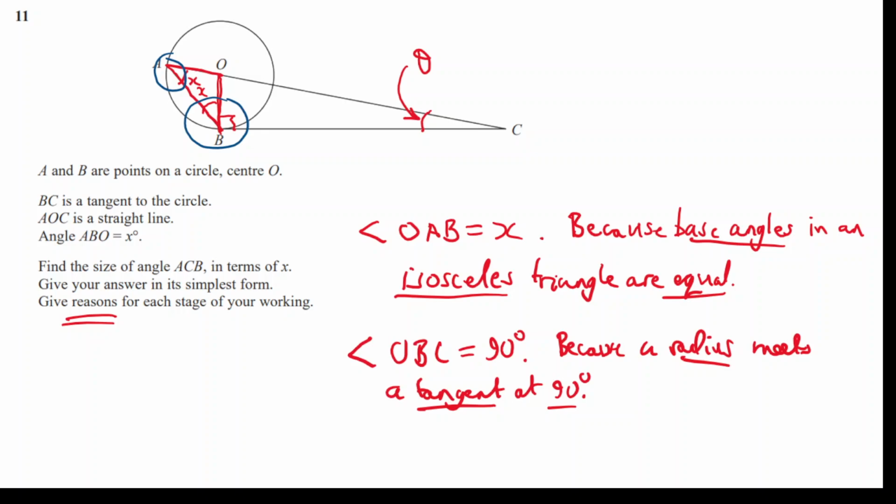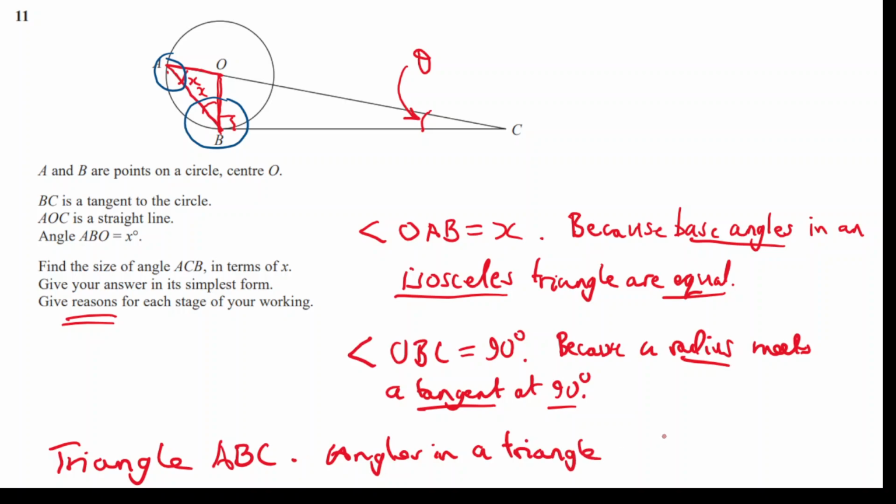Now we have triangle ABC. Angles in a triangle sum to 180 degrees. You'd use the word add, same thing, add, sum, exactly the same meaning.